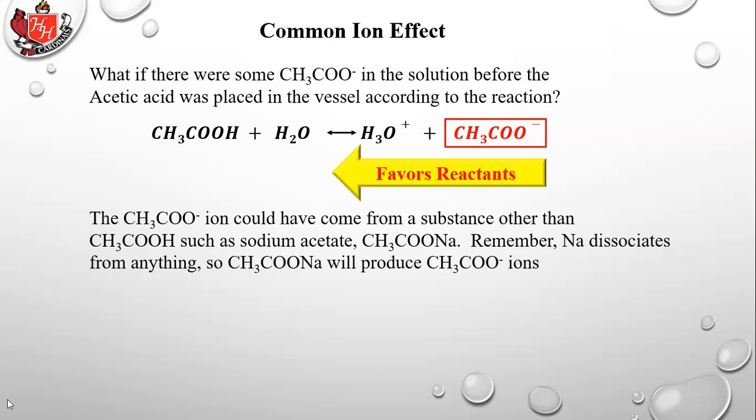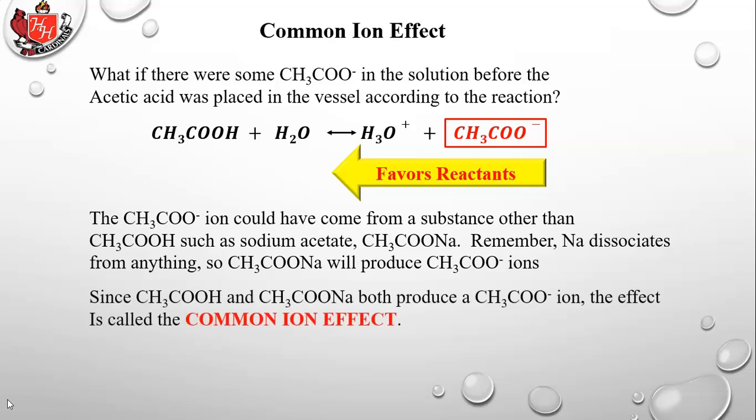The difference is 100% of the sodium acetate will ionize. The Na will 100% of the time break off and produce acetate ions, whereas acetic acid only occasionally gives up its proton to become an acetate ion.